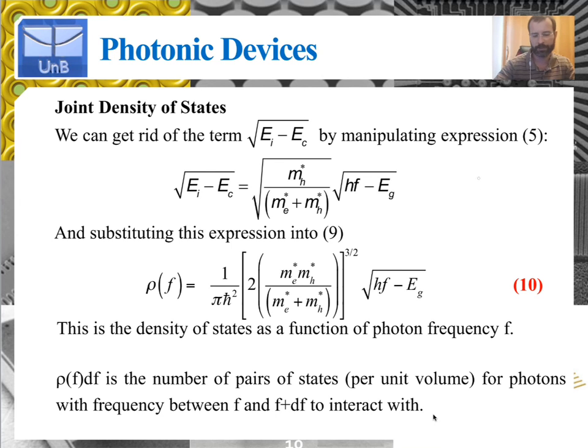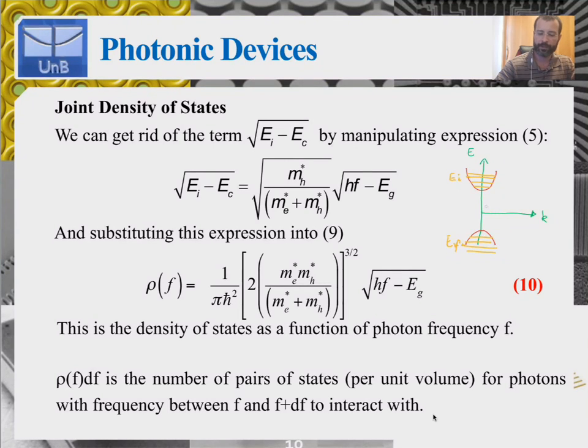So basically, if we draw the band structure for a direct band gap semiconductor, for example, and we draw the conduction and the valence band close to the edge regions right here, again we'll have discrete energy levels both in the conduction and valence band, and we are interested now in transitions between an initial state which might be in the conduction band in the case of emission, of course, and a final state in the valence band in the case of emission.